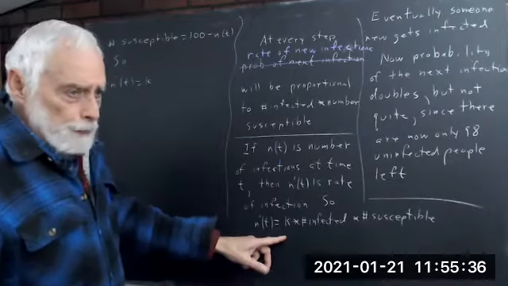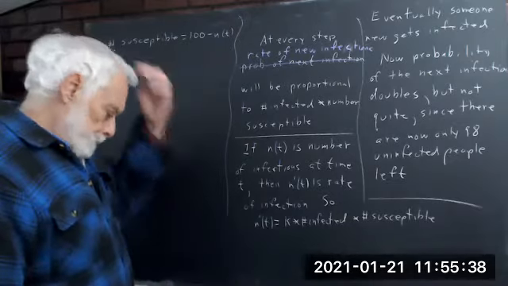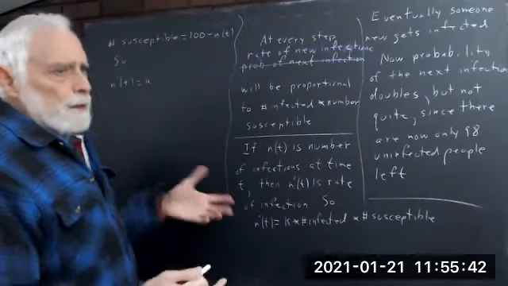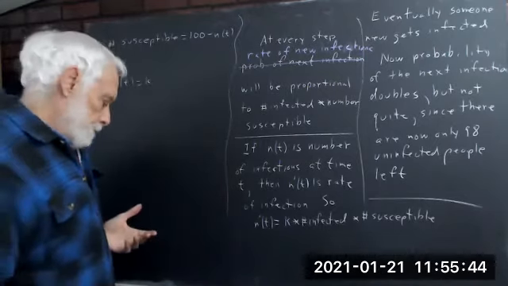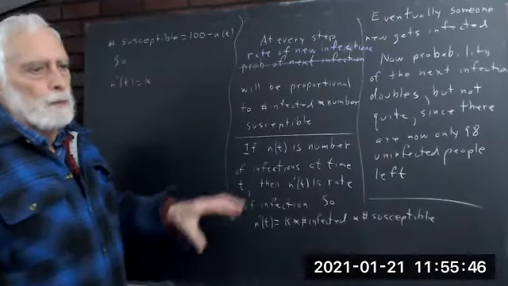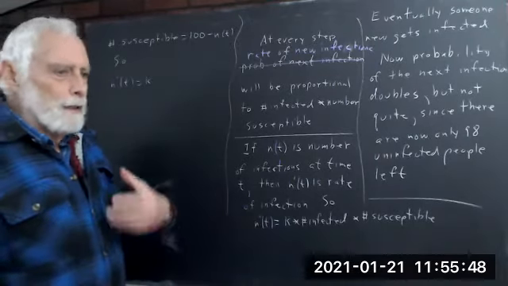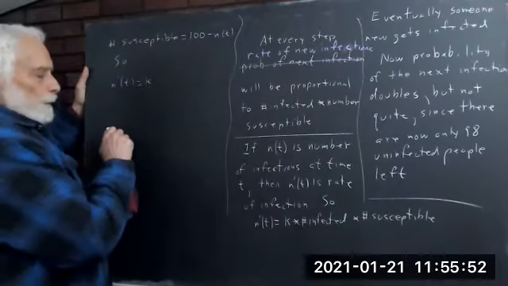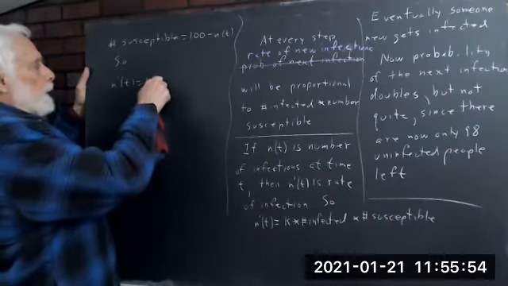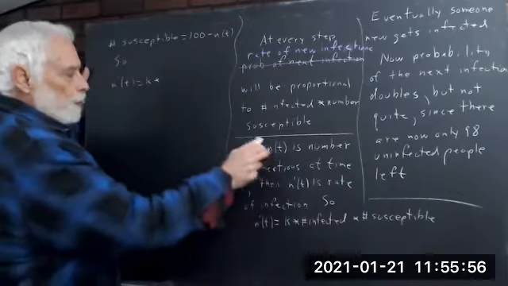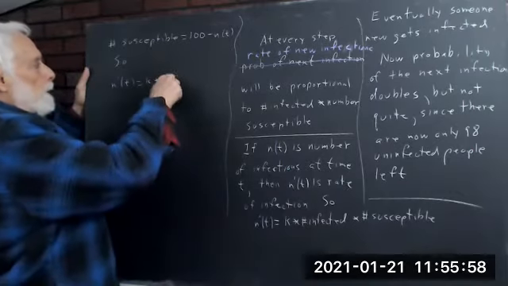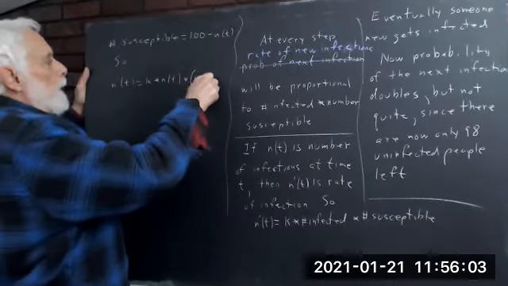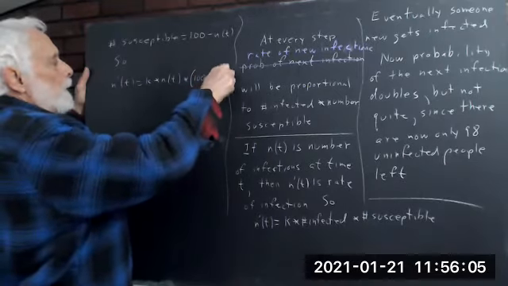It depends on its infectiousness. It could depend on the average number of people who are infected by a given infected person. All kinds of ways to get a handle on K. But anyhow, that's K times your number infected, which is N of T, times the number susceptible, which is 100 minus N of T.